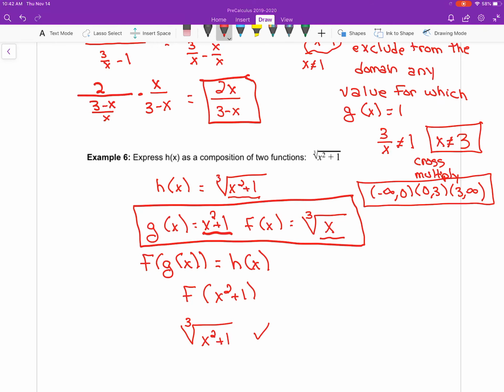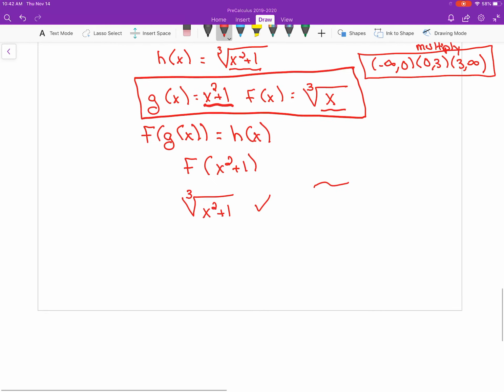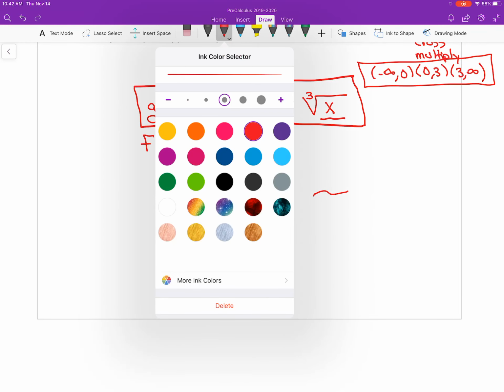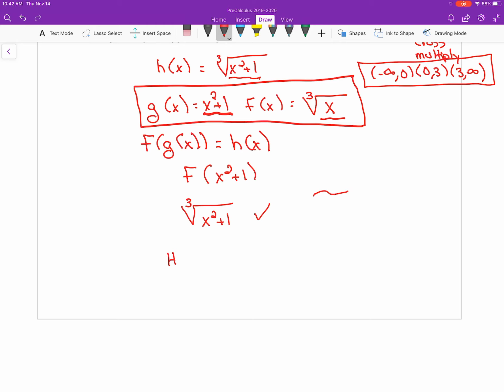Your homework is the worksheet on the back. Circled problems on the back of the worksheet.